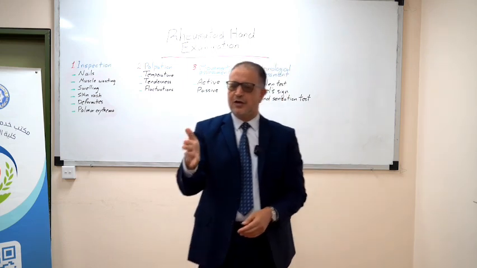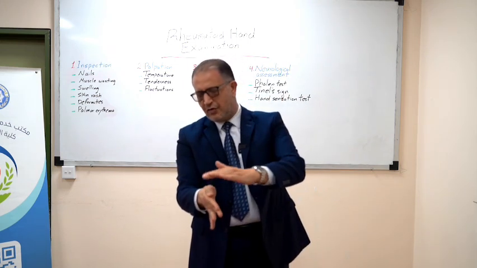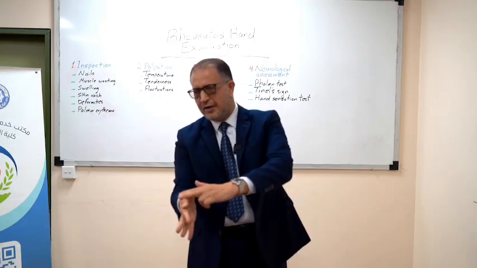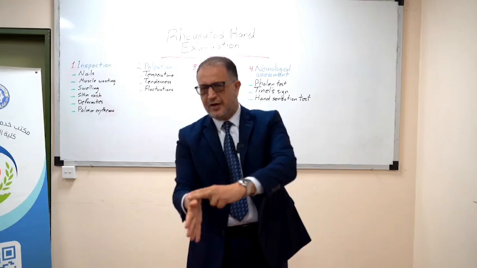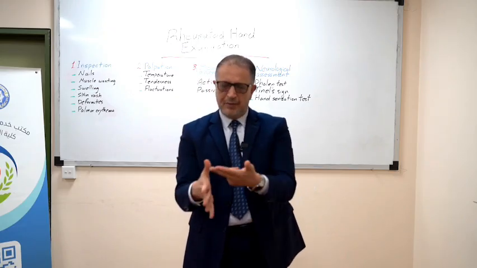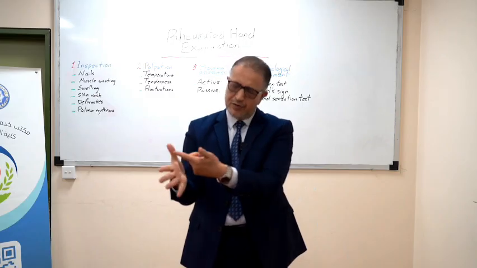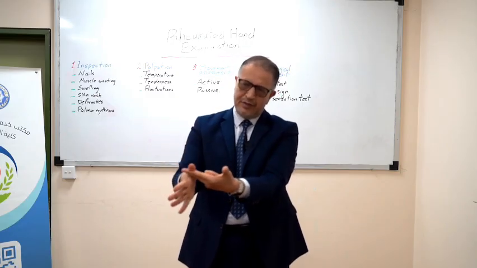While the patient is doing adduction, apply your hand over the joint line here, and ask him to abduct, to assess the abductor. Apply your finger here, ask him to abduct. Okay. While he's doing abduction, apply your fingers here over the joint line. This is the joint line. Apply your finger here, ask him to adduct.